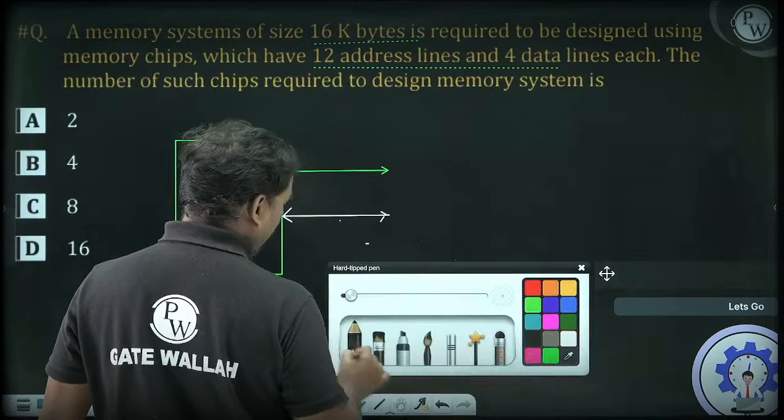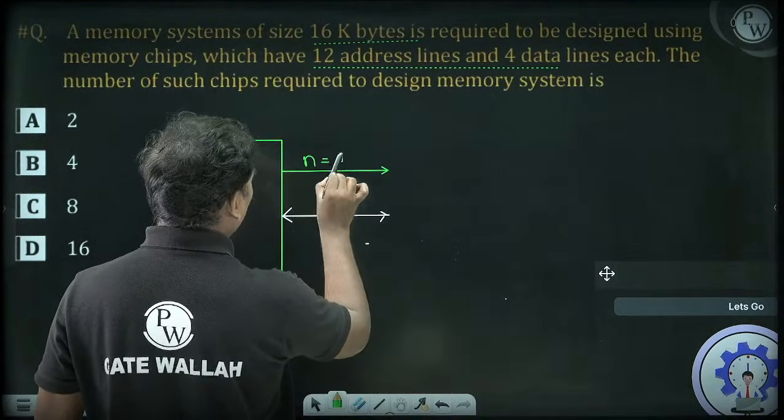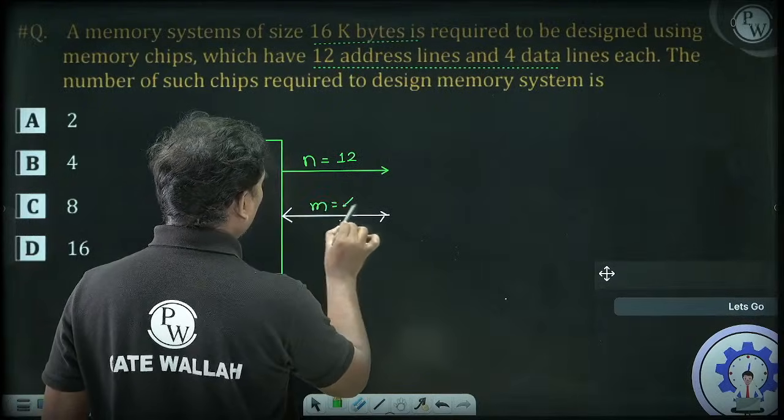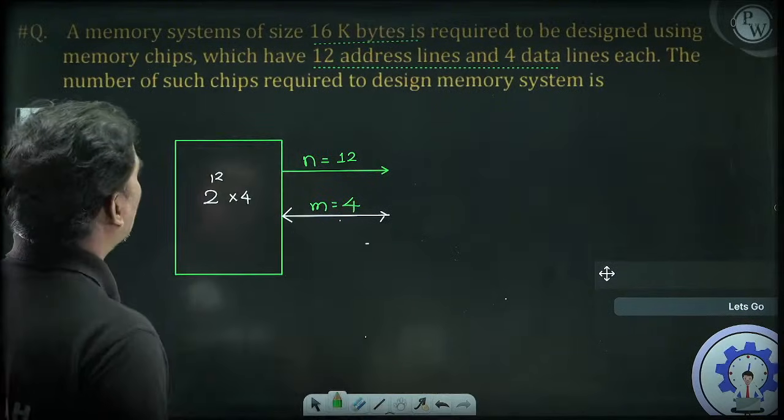So n is equal to 12 and m is equal to 4. A memory system of size 16 kilobytes is required.